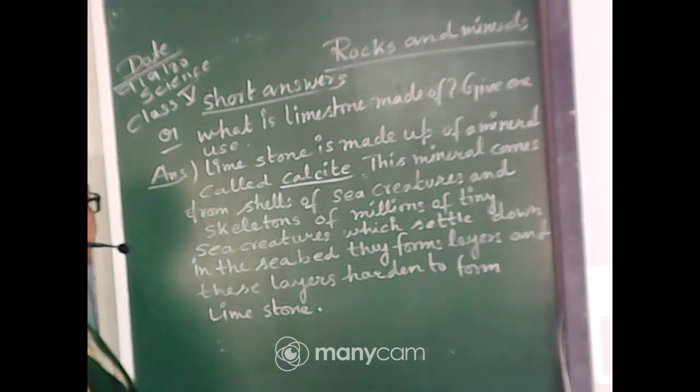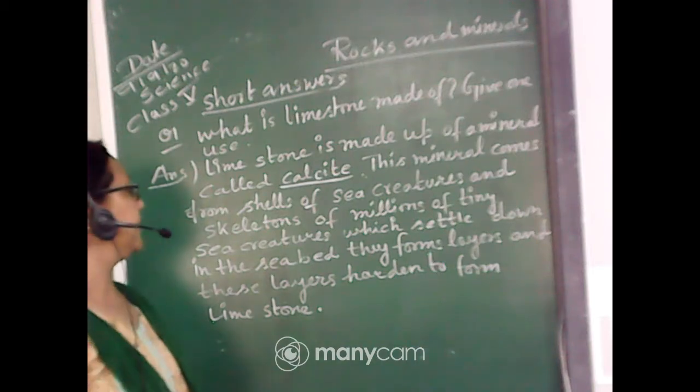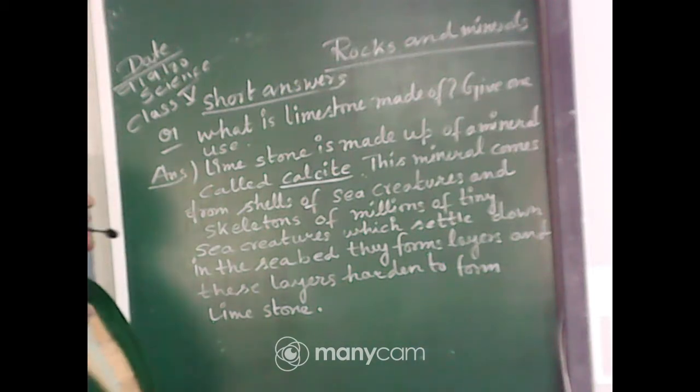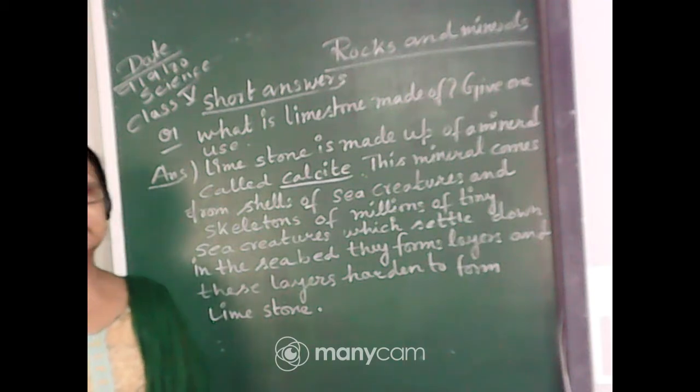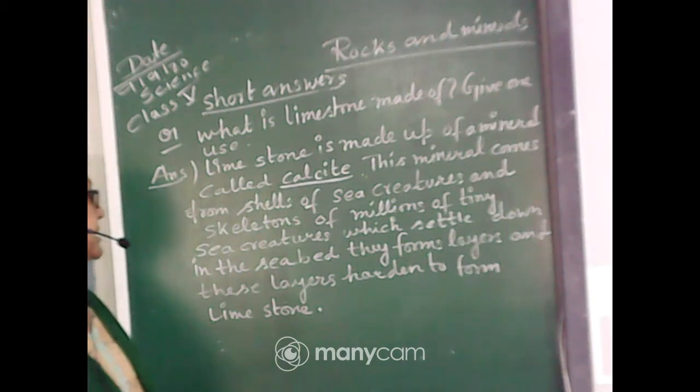So the answer is, what is limestone made up of? Limestone is made up of a mineral called calcite. This mineral comes from shells of sea creatures and skeletons of millions of tiny sea creatures which settle down in the seabed.